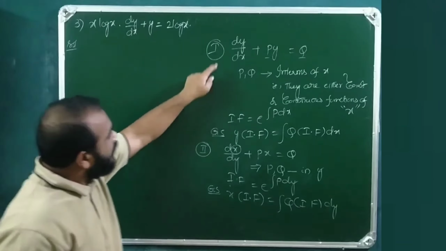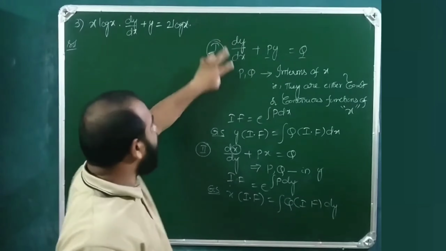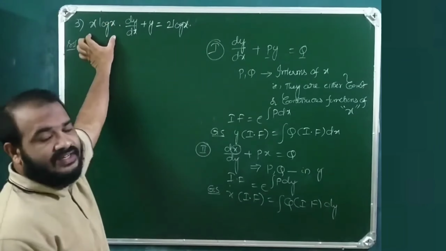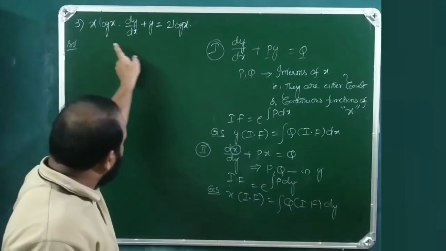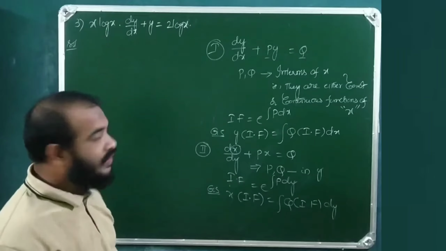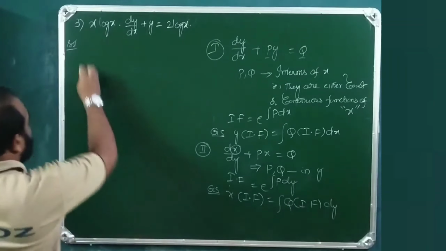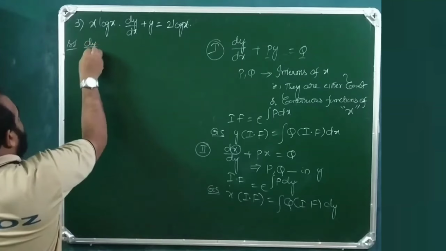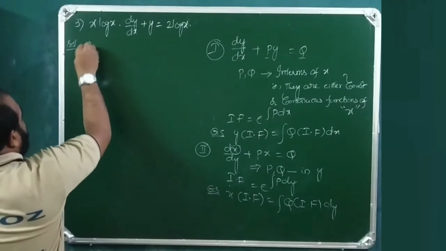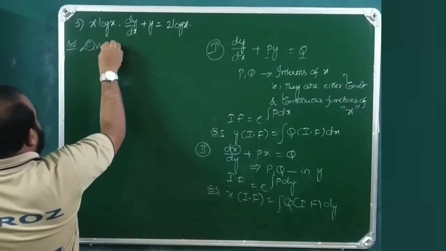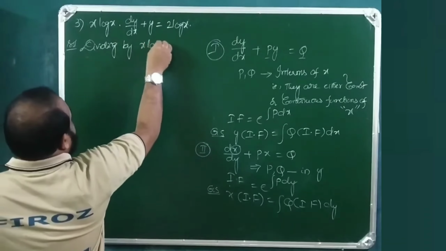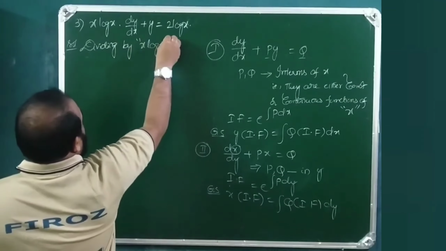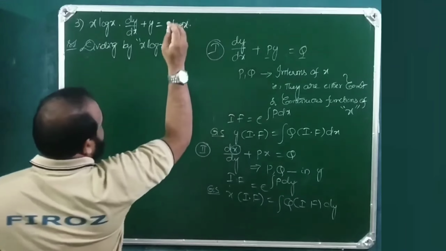Here the dy by dx coefficient should be 1, but here it is other than 1, which is x log x, for which let us divide the entire equation by x log x on both sides.